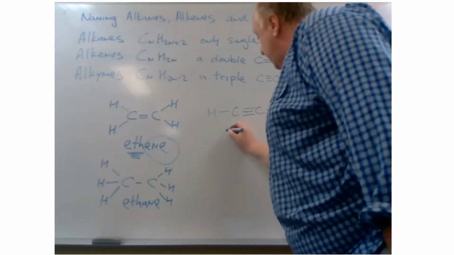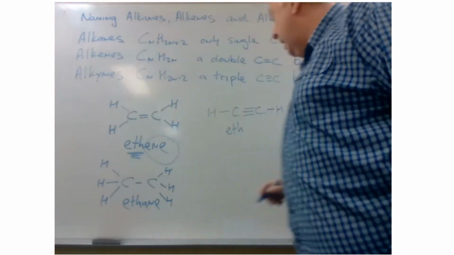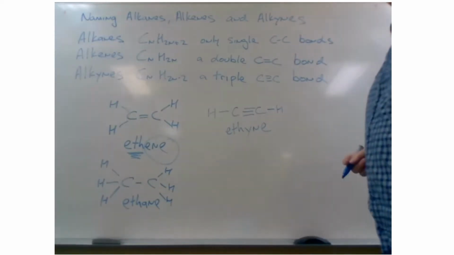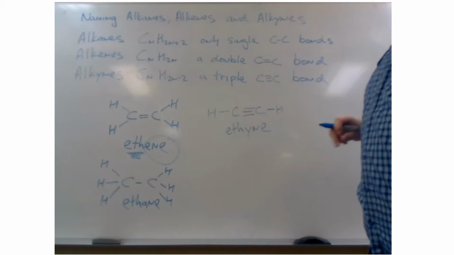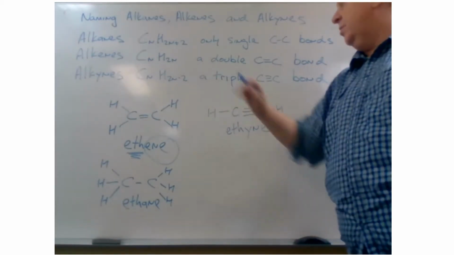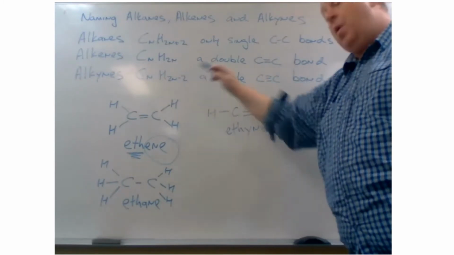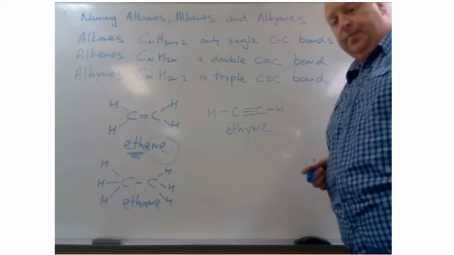Eth for the 2, and yne from the root of the name of the class of hydrocarbon, ethyne. And if we add up our formula here, 2 carbons, C2, 2n, okay, 4, but minus 2, which gives us 2 hydrogens in the end, ethyne.